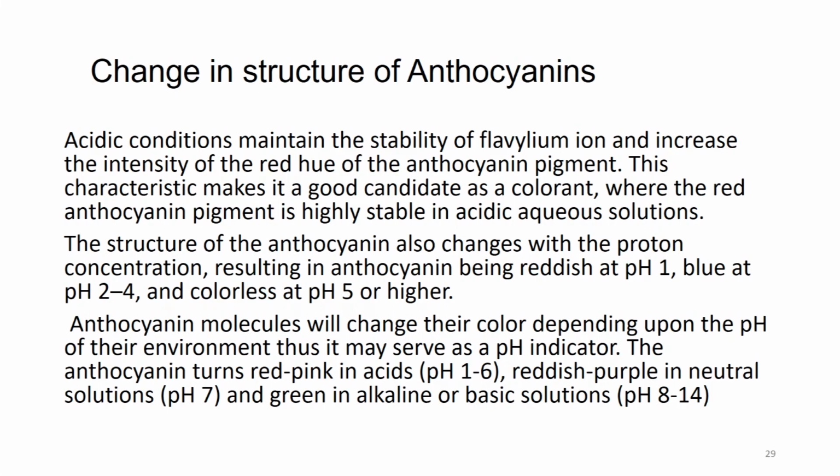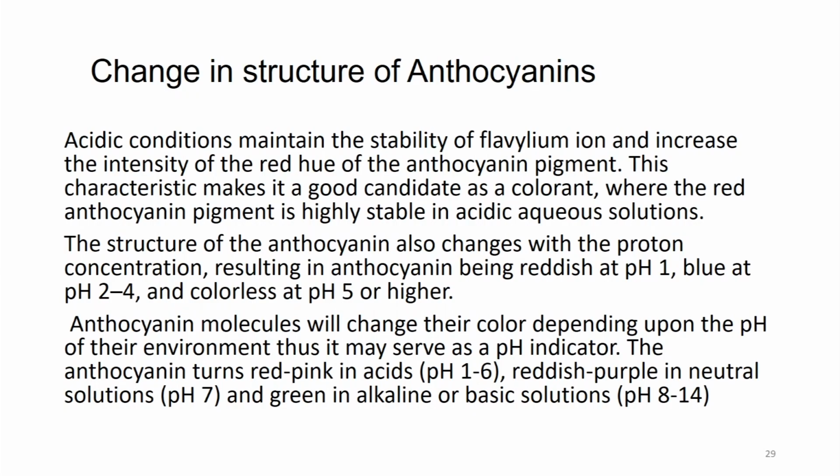Change in structure of anthocyanins. Acidic conditions maintain the stability of the flavylium ion and increase the intensity of the red hue of the anthocyanin pigment. This characteristic makes it a good candidate as a colorant, where the red anthocyanin pigment is highly stable in acidic aqueous solutions.